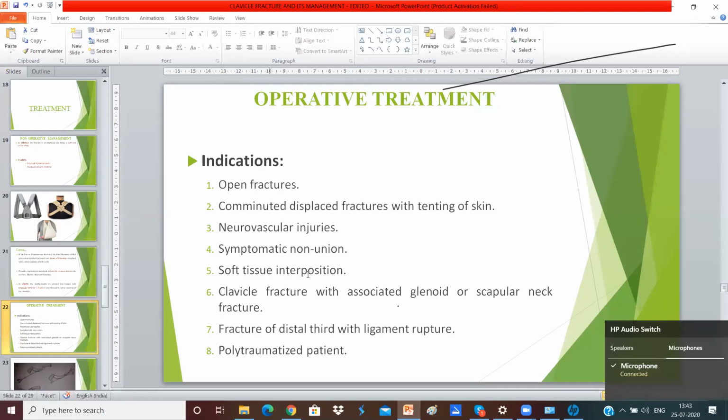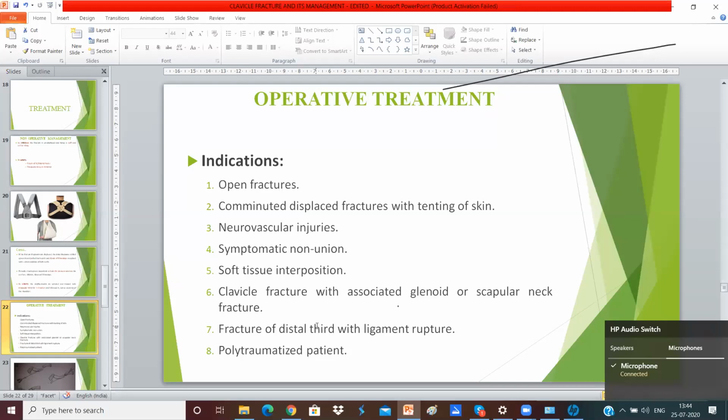Then, if the fragments have soft tissue interposition, or clavicle fractures are associated with glenoid and scapular neck fractures, that means the whole anterior and posterior component of the arch is fractured and the whole shoulder is drooping down because of the fractures in the neck of the scapula or the clavicle. Then you need to give some support, some upward treatment, either anteriorly or posteriorly.